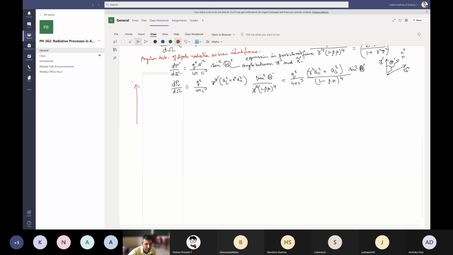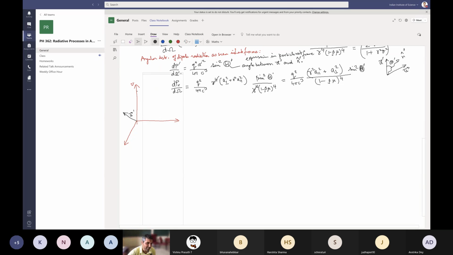Let's call this velocity v, the velocity of a particle. Without loss of generality, we can take the acceleration to lie in this plane, so this is your acceleration a prime.